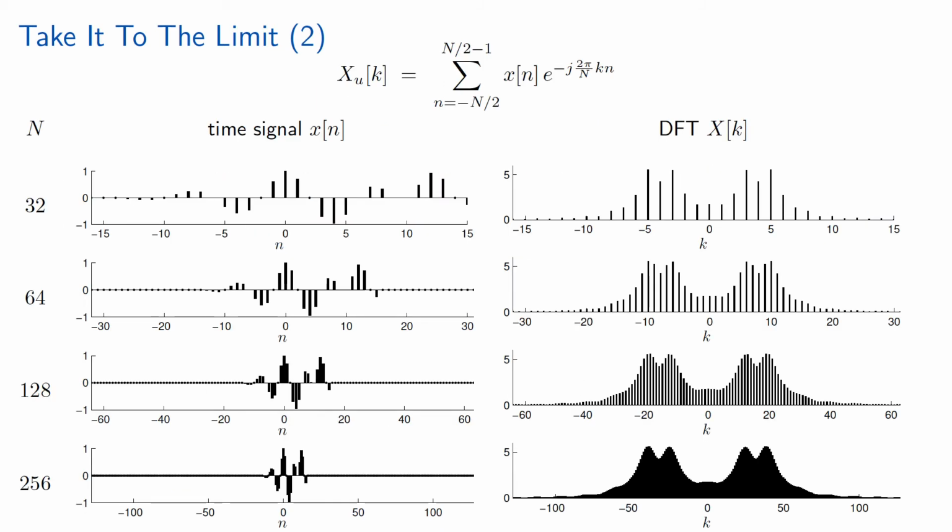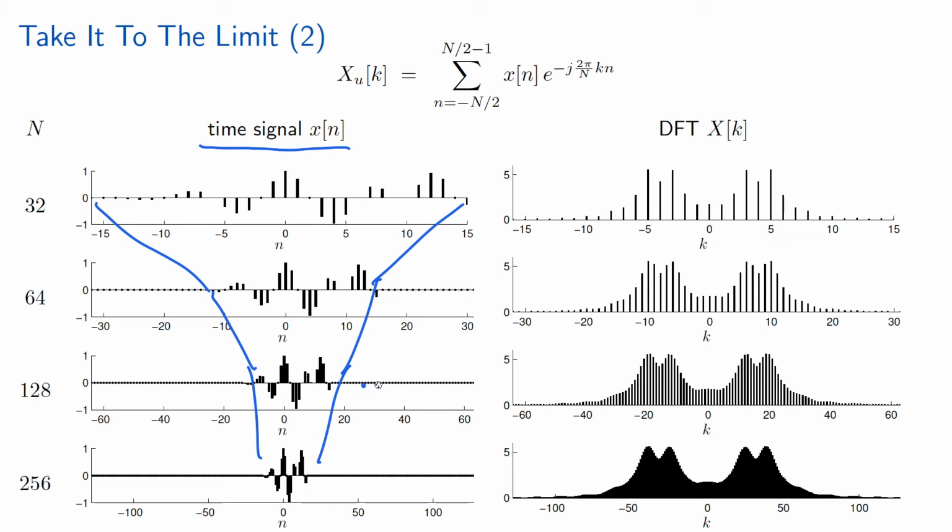So what I've plotted here on the left is a time signal that has the exact same samples of my time signal, but I'm basically letting it expand. I'm taking this same 32 sample central portion that you see is reproduced here, that is again reproduced here, that is again reproduced here, and I'm basically allowing the signal to grow.